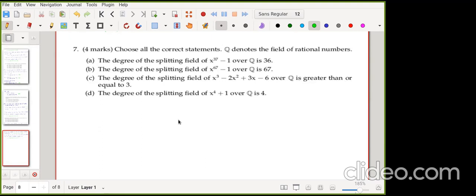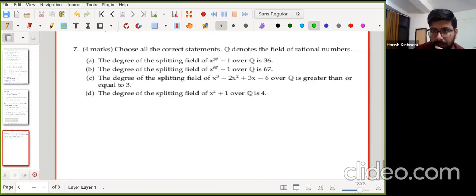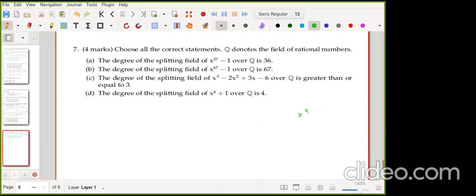It seems not. x raised to 6 minus 1 is degree 4, right? What about x raised to 4 minus 1?